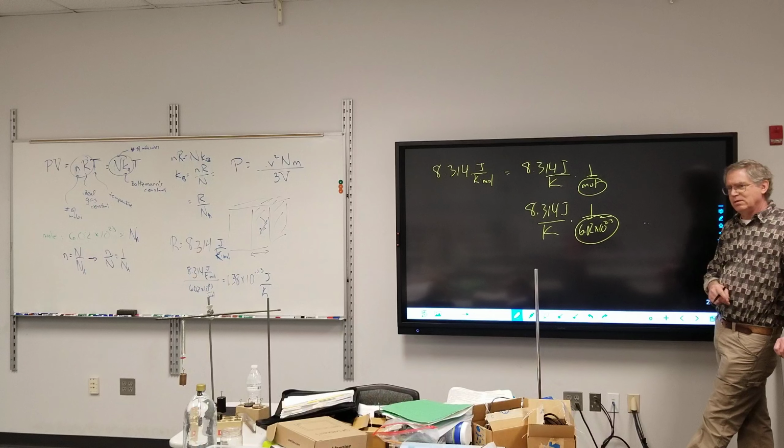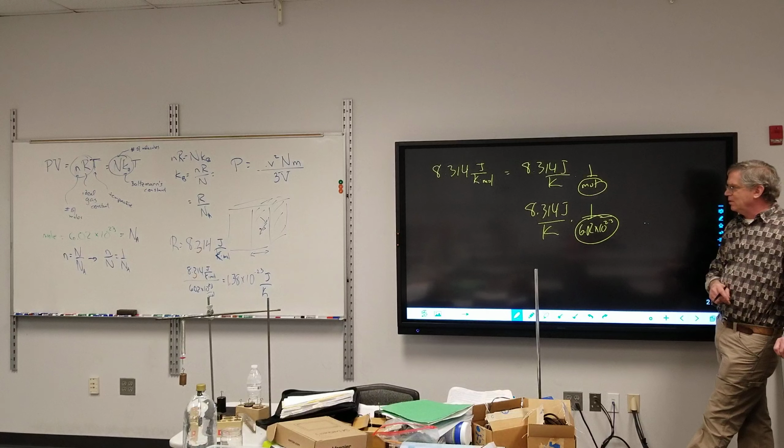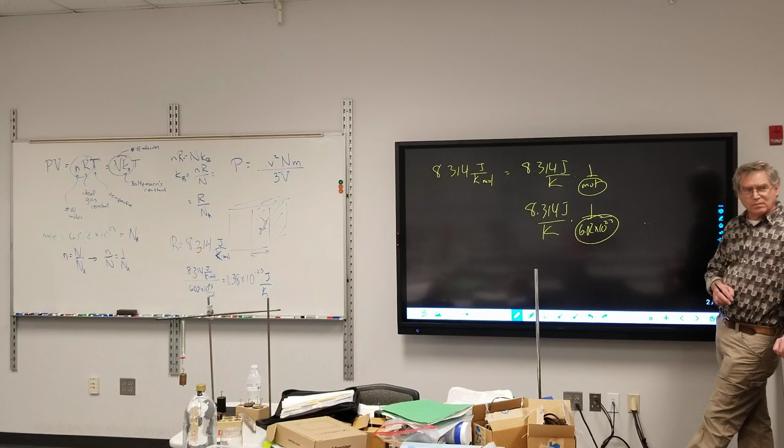Yes, I agree. But can you not just make it one equation, 8.314 joules over 6.02 times 10 to the 23 times Kelvin? Yeah. Okay. Yep.